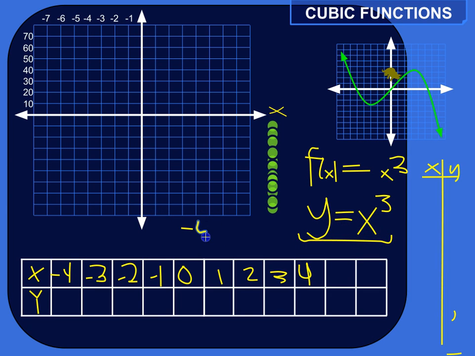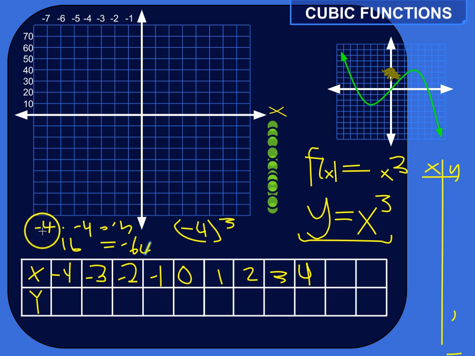If I were to rewrite this term, I would do -4 cubed. So -4 cubed means -4 times -4 times -4. -4 times -4 is positive 16, and then times -4 is negative 64.